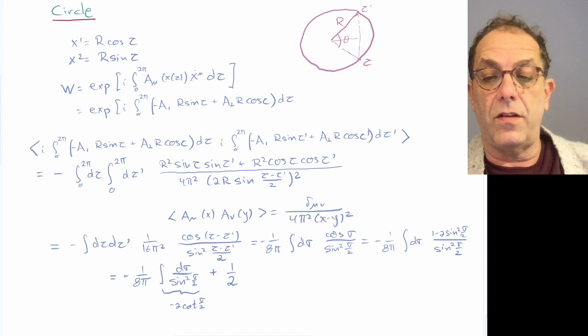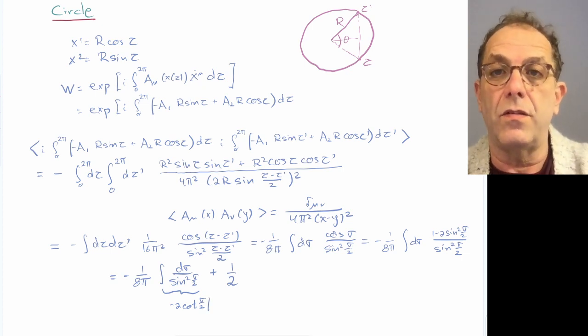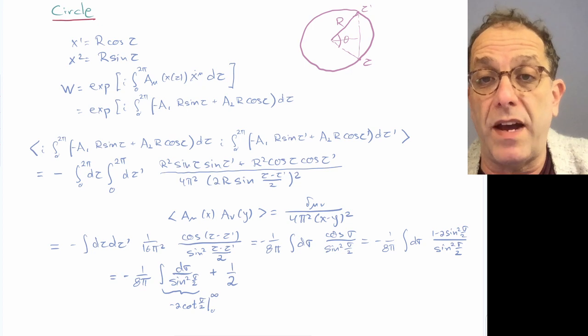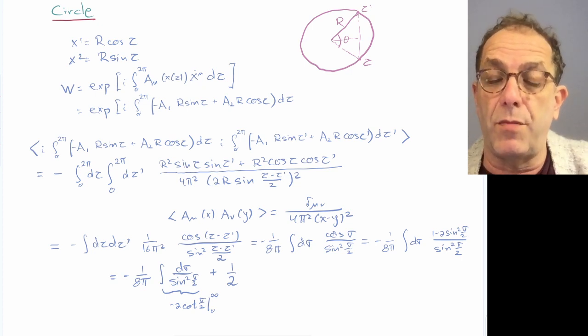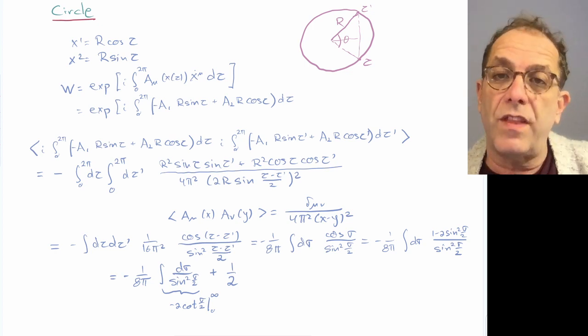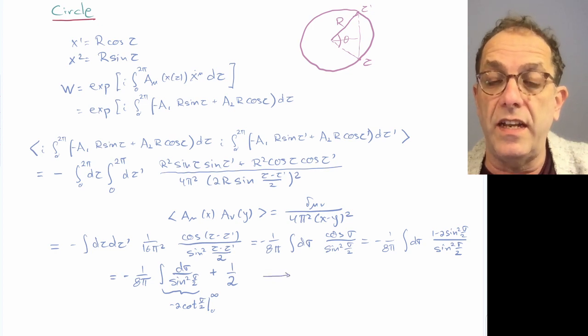This integral is just minus 2 cotangent of sigma over 2 evaluated between 0 and pi, where in both ends it diverges linearly and we can safely ignore it. So the answer is 1/2, but if I kept the electric charge e in this calculation, I would get e squared over 2.